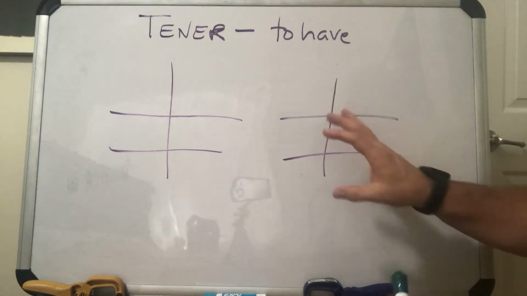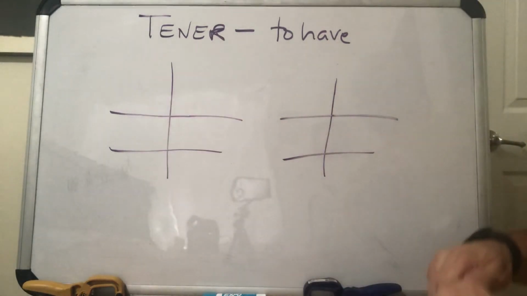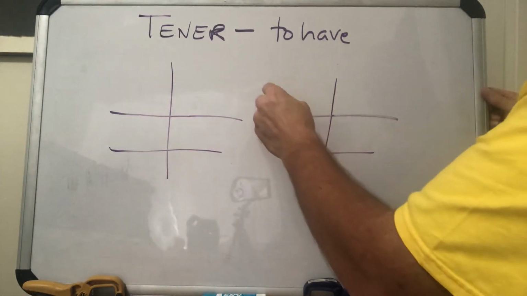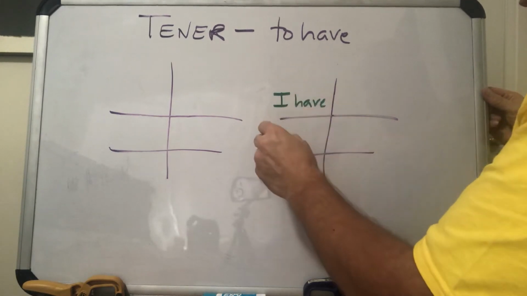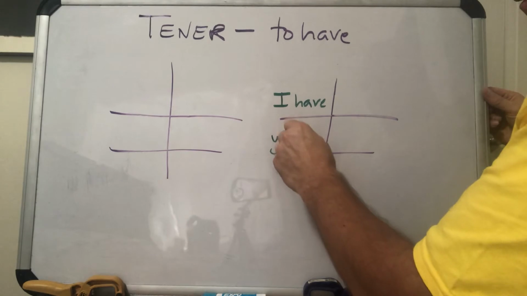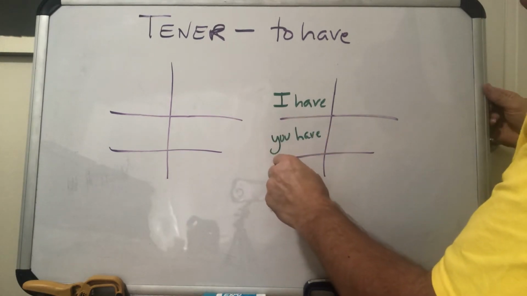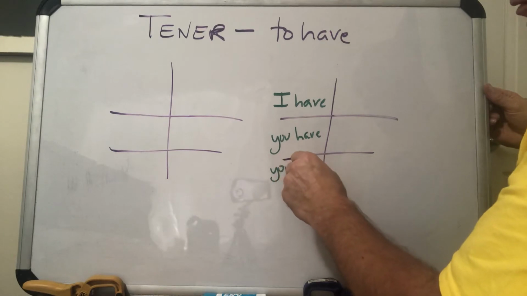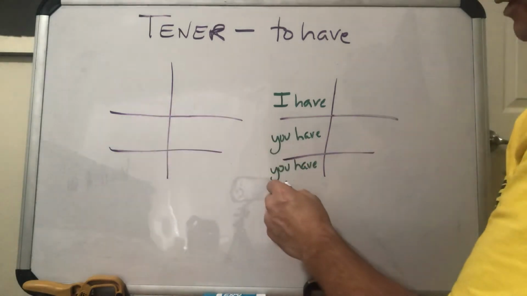We'll do them over here just so we have a comparison, so when we write them in Spanish, we know what we're saying. Remember up here I'm talking about myself. So I say I have, you have, and this is also you have. Remember there's two different ways to say it, so we always write it twice in English, and because there are two different ways over here in Spanish.